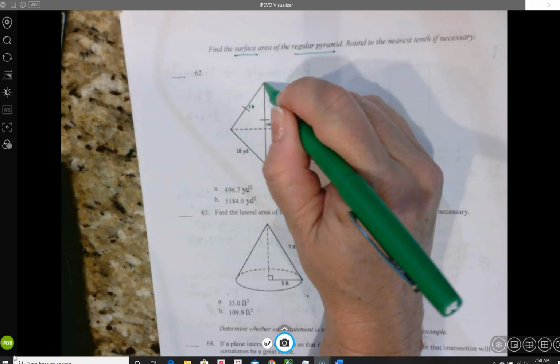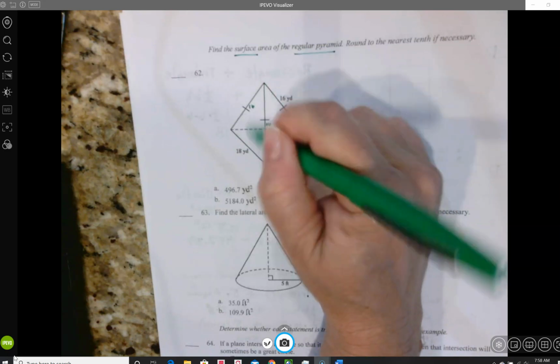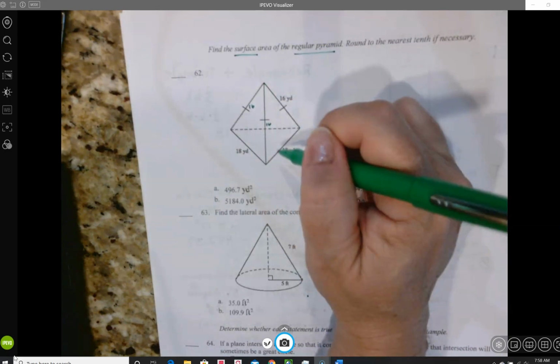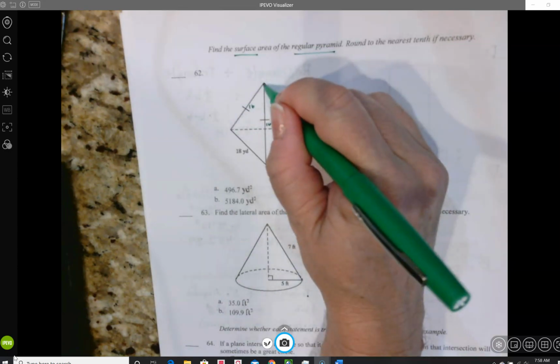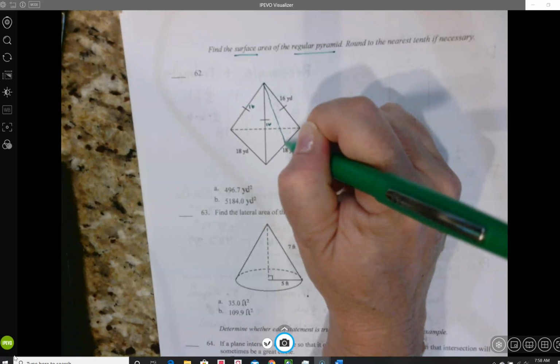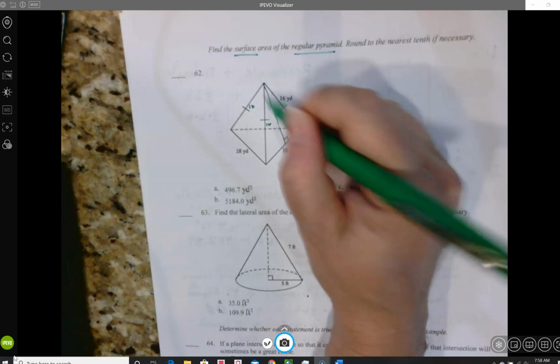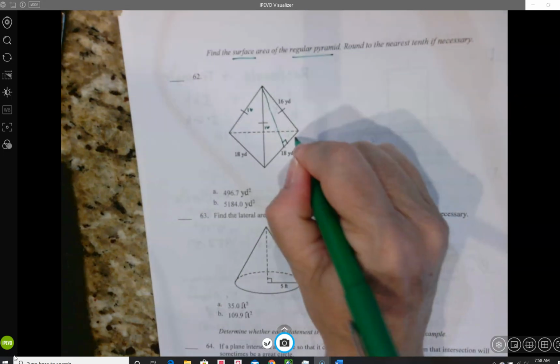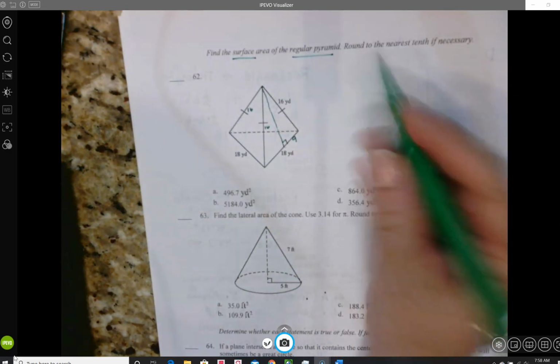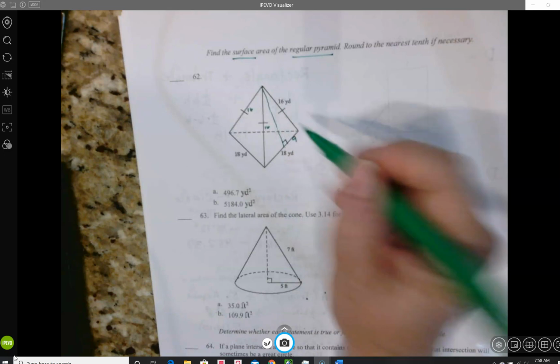You have a lot of pieces to it. So to find the height for a triangle, you've got to be able to visually see that those 16s are not the height. The height is always an altitude. So I've got to break this triangle apart and do some Pythagorean theorem to find my height.